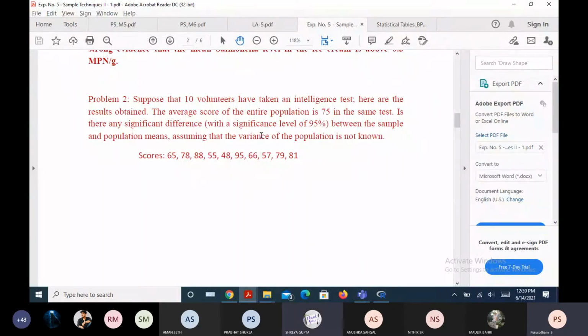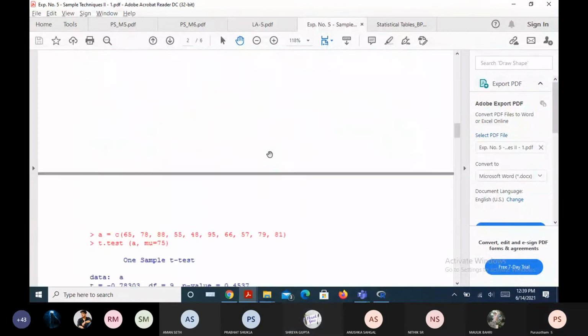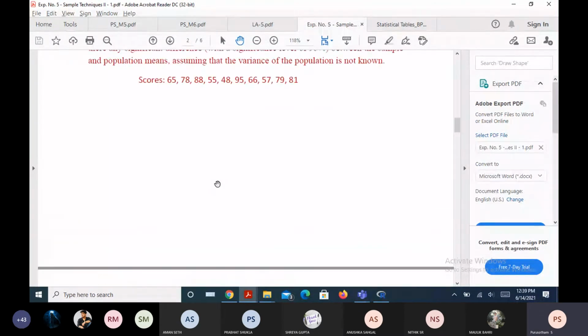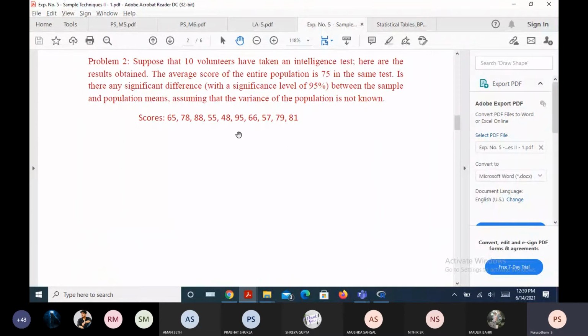We need to test whether there is any difference between sample mean and population mean. So your null hypothesis assumes there is no difference between them, and hence, what would be the H1?